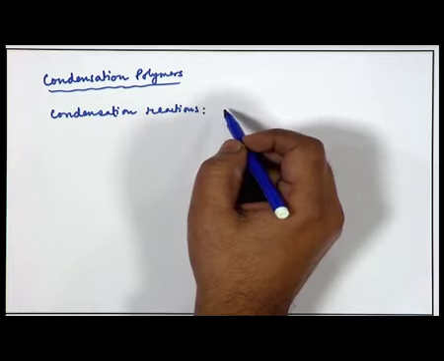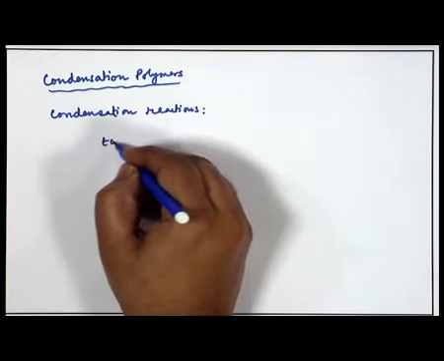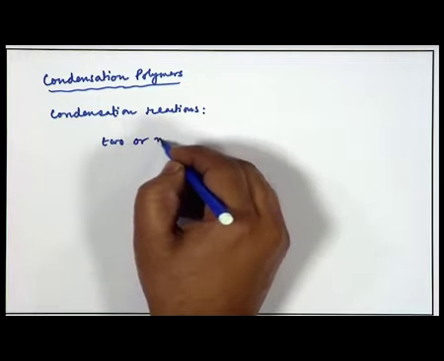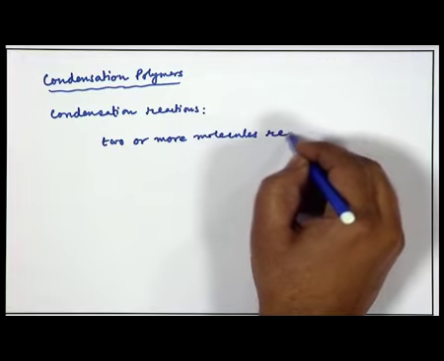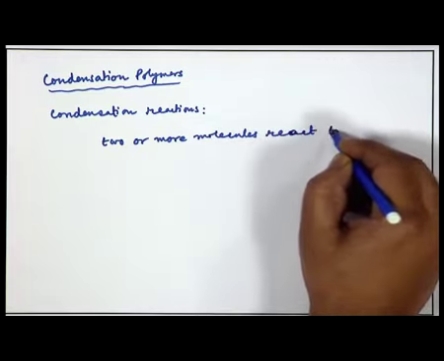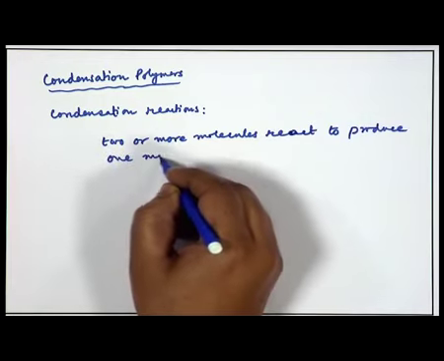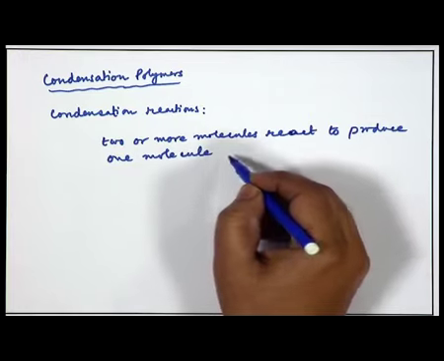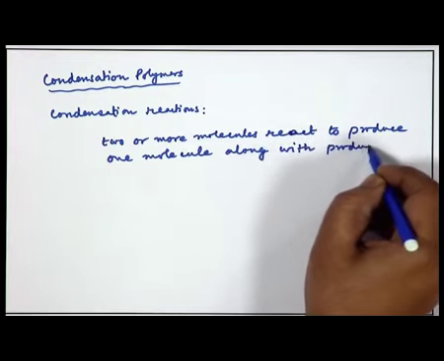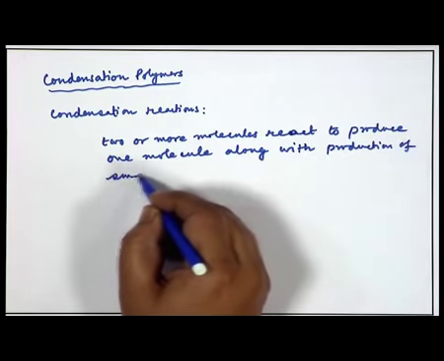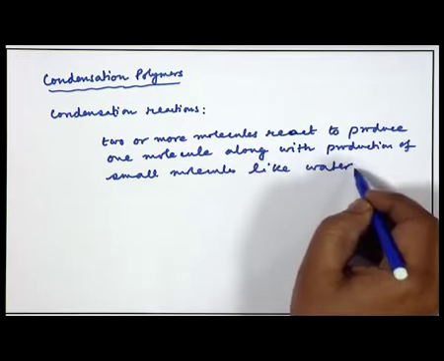In organic chemistry, you know, when two or more molecules combine to produce a molecule along with production of small molecules like water or say methanol.